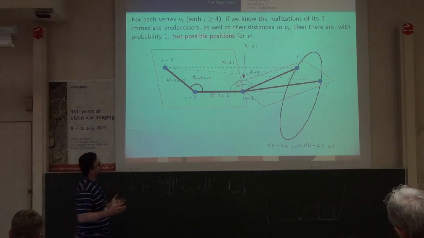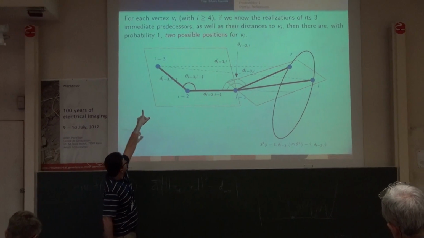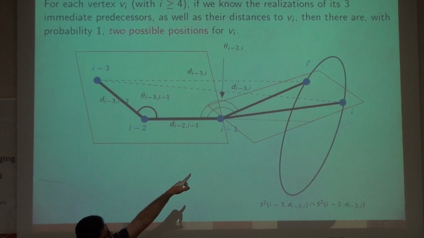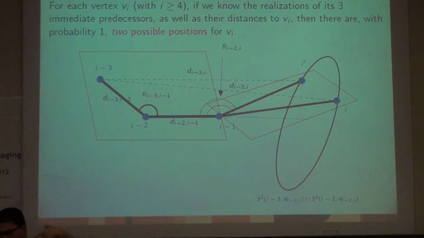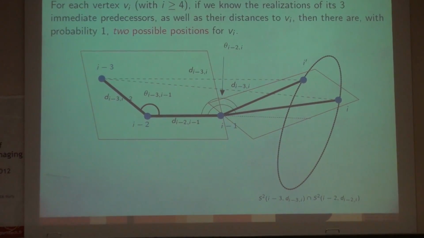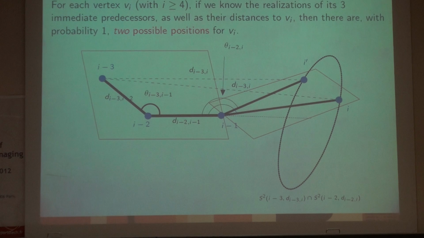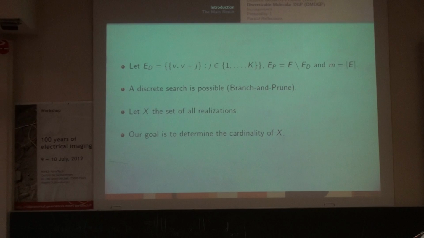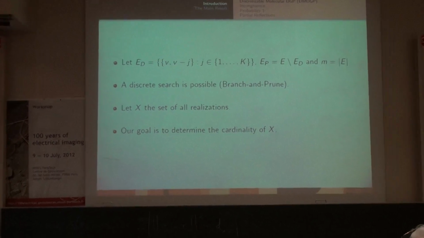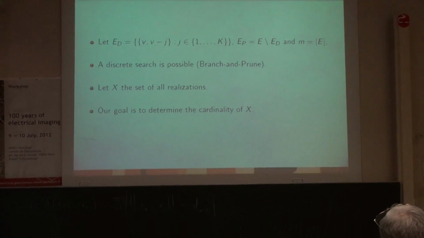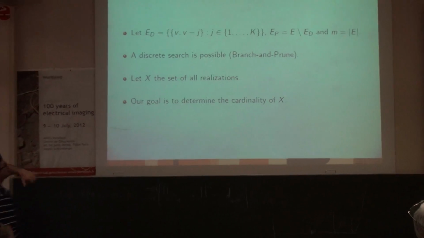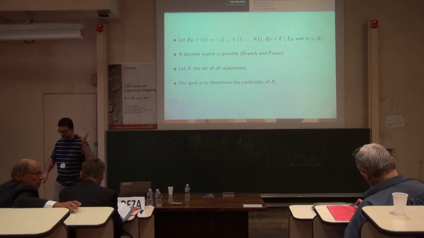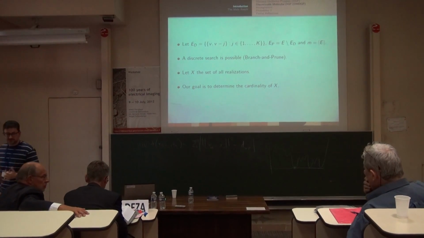And using geometry, if we fix the first 3 vertices, the other 2 can be obtained by intersecting 3 spheres. So first, let's partition the set of edges, and we call ED the set of edges necessary to discretize the search space. These are related to our first hypothesis.